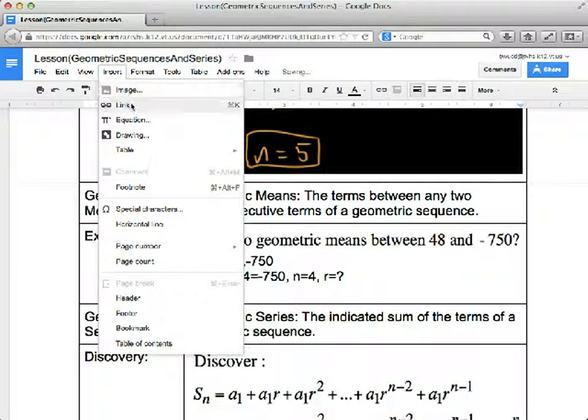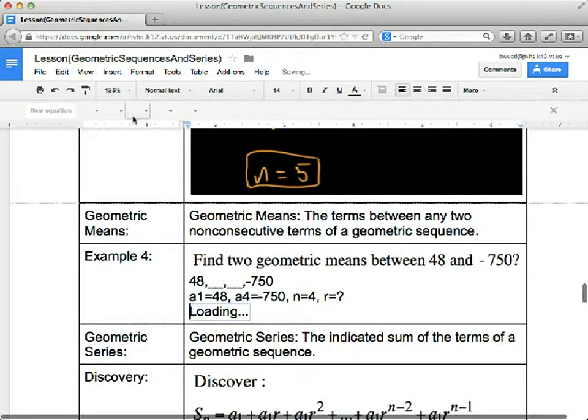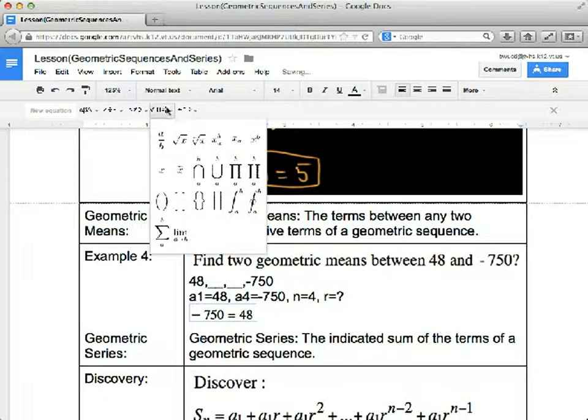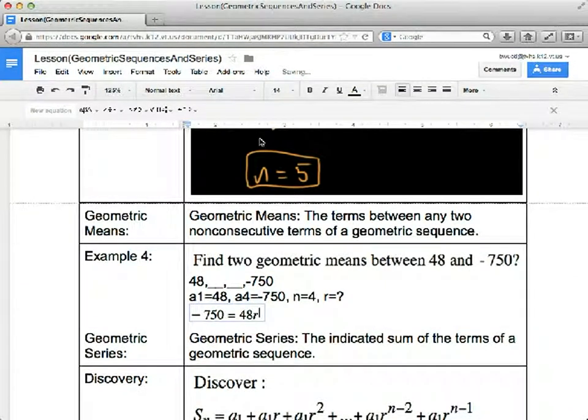Let's insert an equation here. So what would that have looked like? That would have been negative 750 is equal to 48 times r, which is unknown to us, to the 4 minus 1.